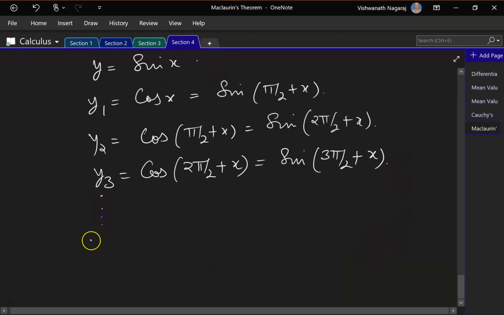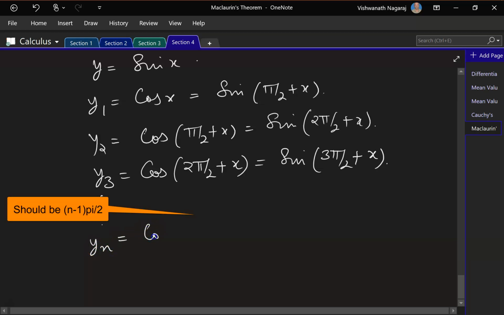And this will go on, and the nth derivative would be cos(n pi/2 + x), again in terms of sine, sin(n pi/2 + x).